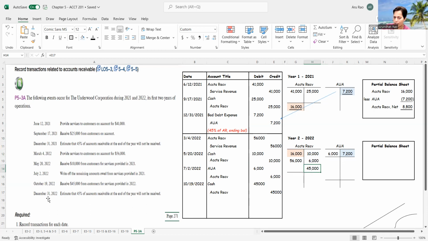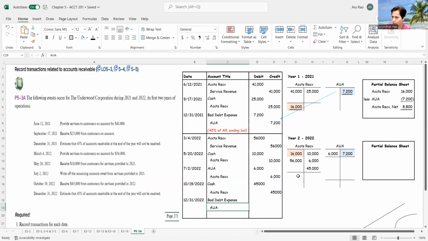Then finally, at the end of the second year, I say that again, I think 45% of the outstanding receivables will not be collected. So before I do my journal entry, which is going to be similar to this one over here, the adjusting entry, it's going to be bad debt expense debit, allowance for uncollectible account credit. So before I decide on what the numbers are over here, let me first find out how much I have in receivables at the end of the year.